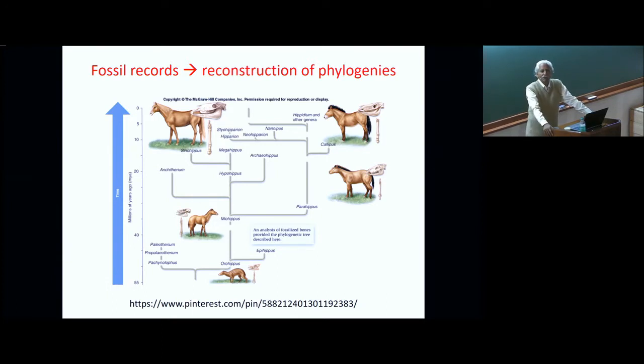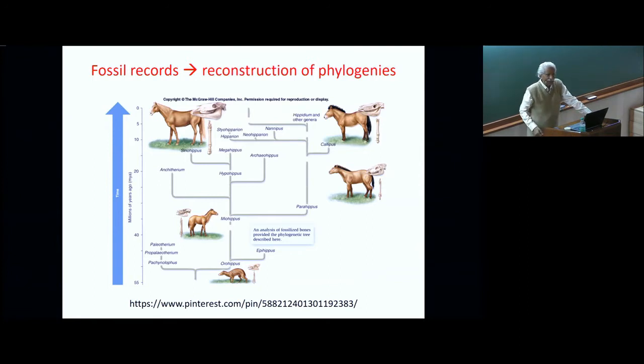In other words, within a given category, there seem to be certain individuals that are more closely like each other than other individuals. And based on this closeness of relationship, people started building trees of the sort that you see here. This is a famous example from the history of evolutionary research, which is the evolutionary lineage of the horse, which is, as it happens, among the best studied lineages in evolution.